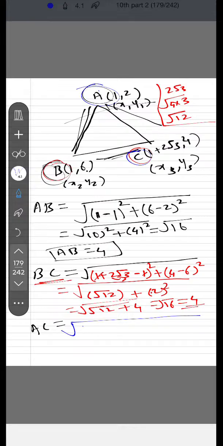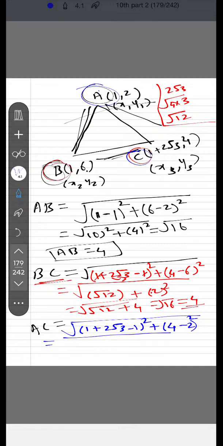AC is equal to the square root of 1 plus 2 square root of 3, square, not a square, minus 1 bracket square, plus 4 minus 2 square.